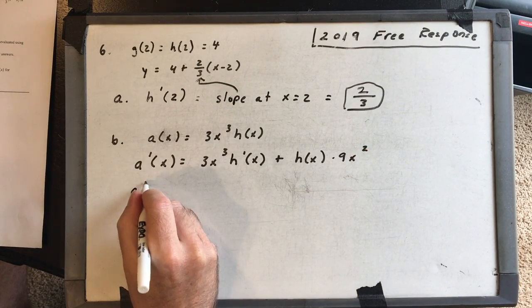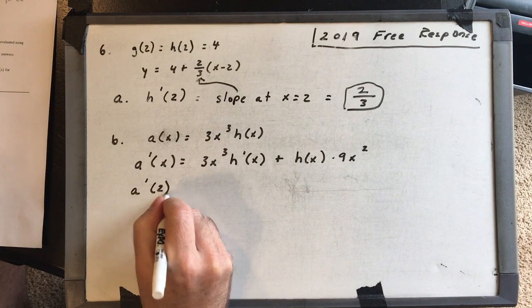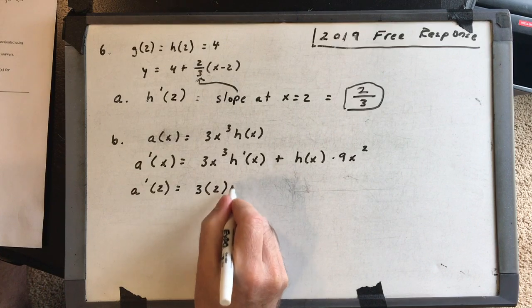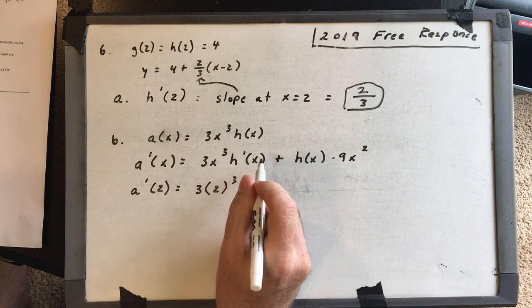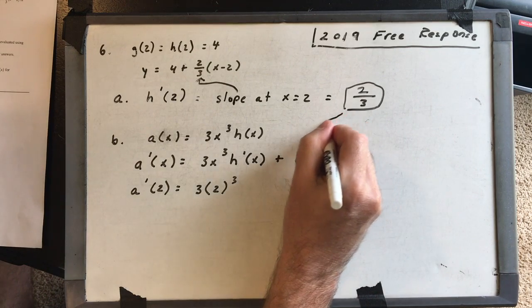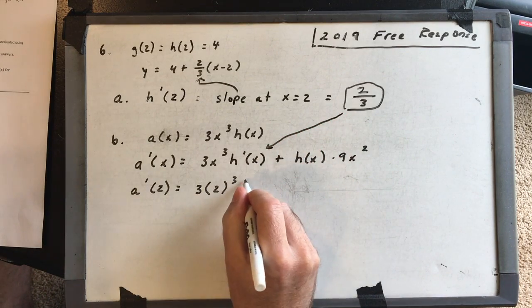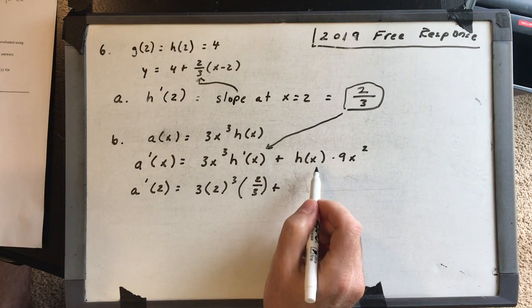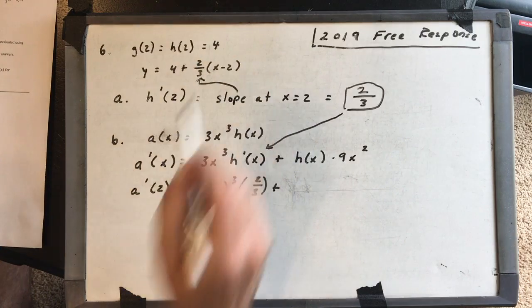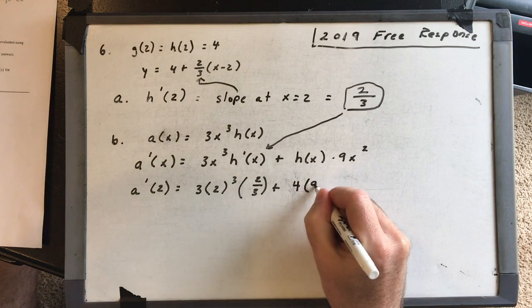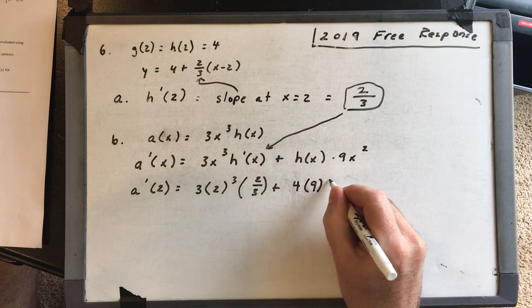Now let's plug in 2. So that will be 3 times 2 cubed, times h prime of 2, which we found was 2/3, right? So 2/3, plus h of 2, which we know from the very beginning is 4, times 9 times 2 squared.